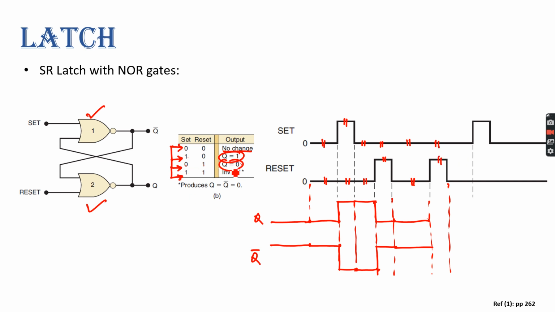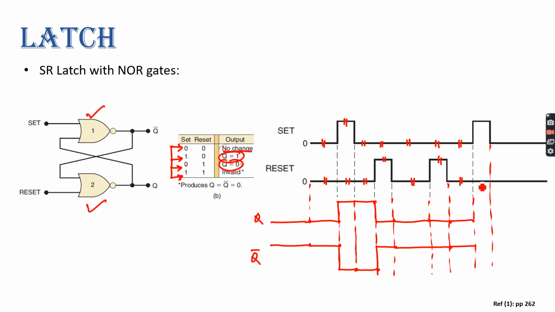So 0 1 gives you output 0. So Q will be 0 and Q prime will be 1. Again, up to this point, both are 0. So it means no change. No change means 0 state will remain 0 and 1 state will remain 1.